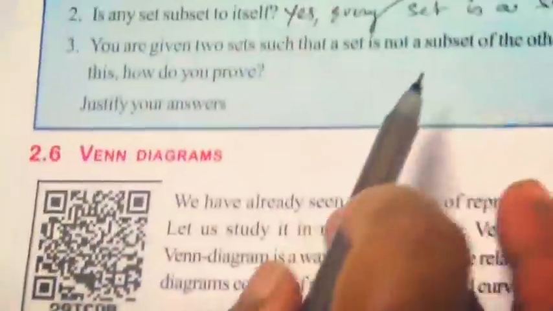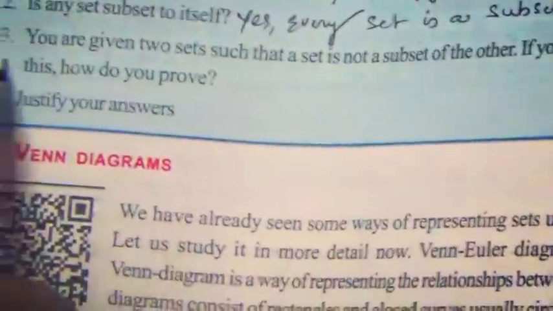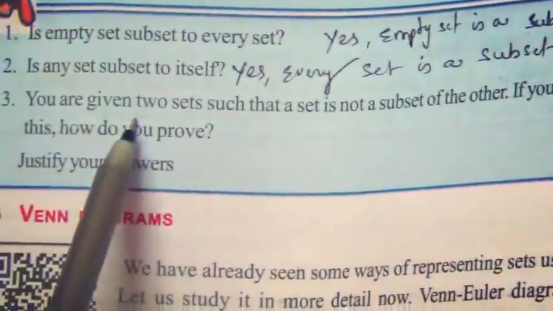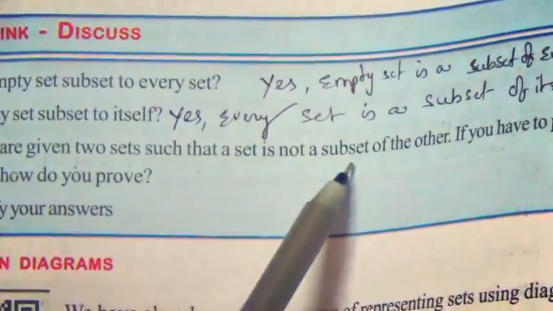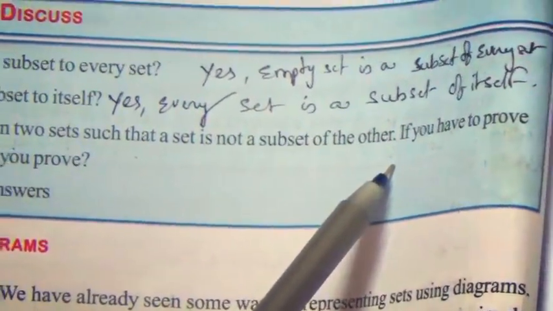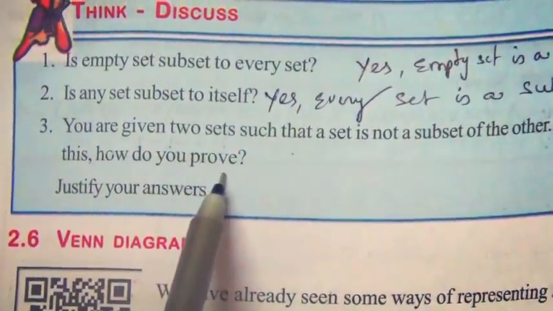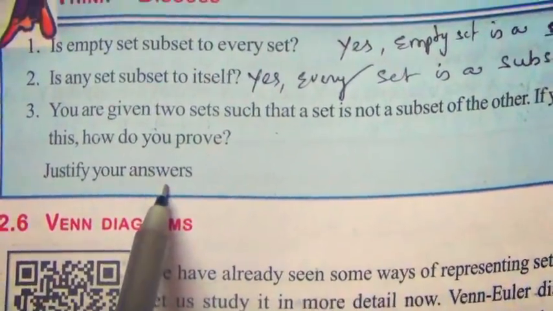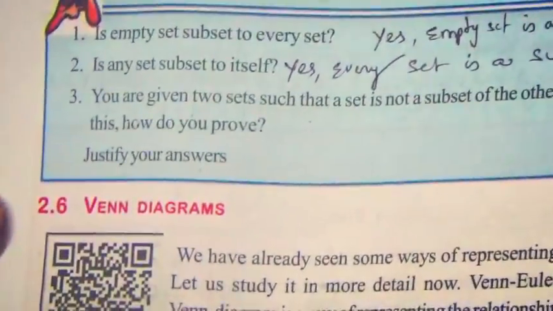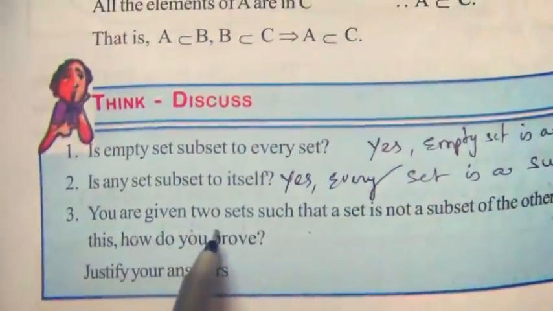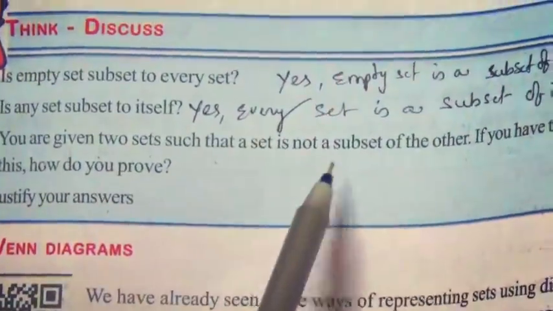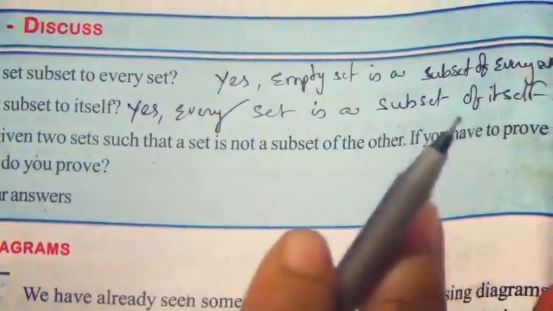And the third question, you are given two sets such that one set is not a subset of the other. How do you prove this? Justify your answer. What kind of sets do we have to take? You are given two sets such that neither is a subset of the other.